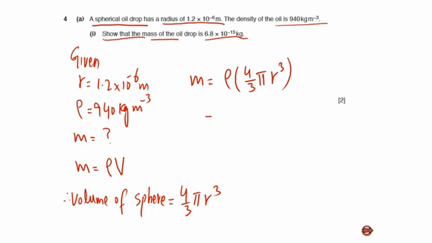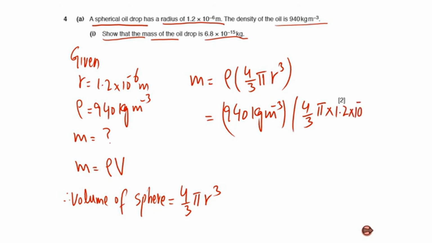Next step, we simply need to plug in values. Density is given to us, that is equal to 940 kgs per cubic meter, and the second thing given to us is the radius, so we can plug in the value of radius, that is 1.2 times 10 to minus 6.